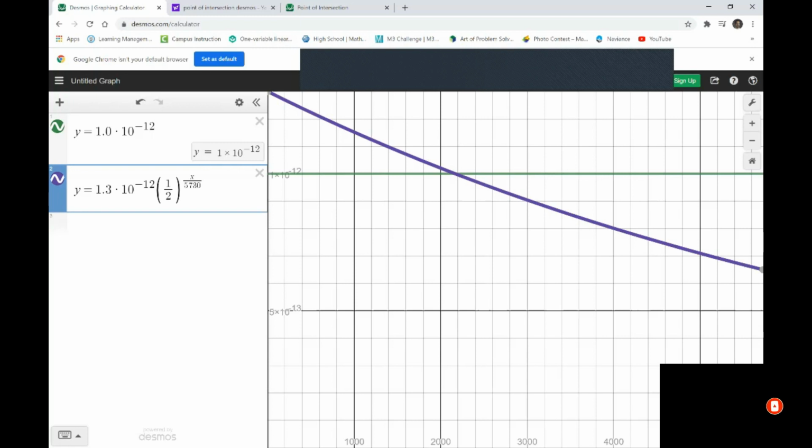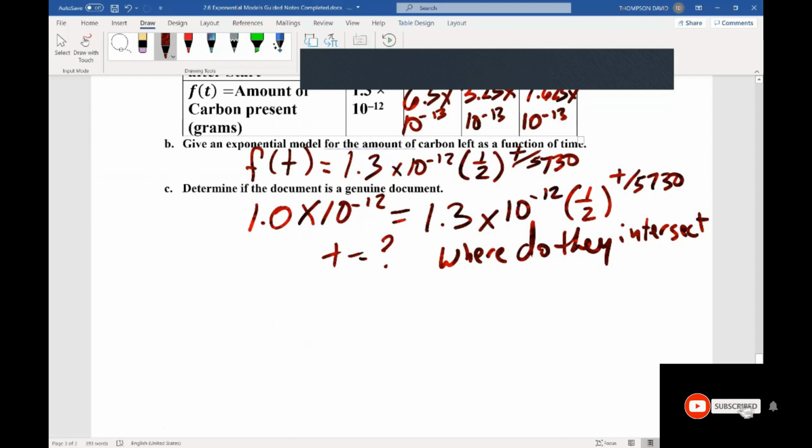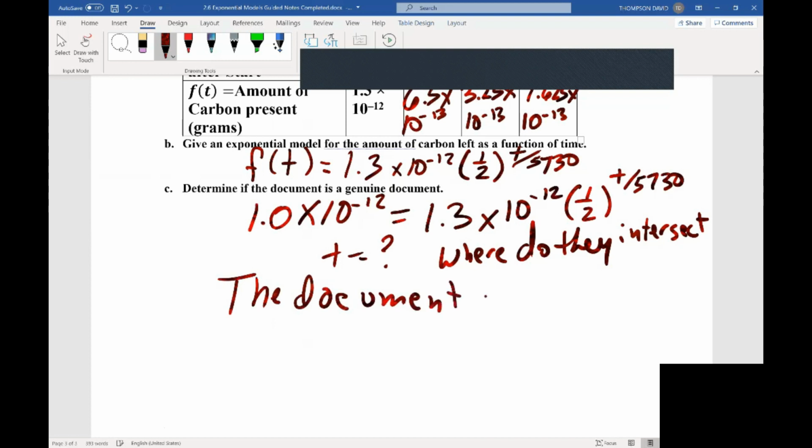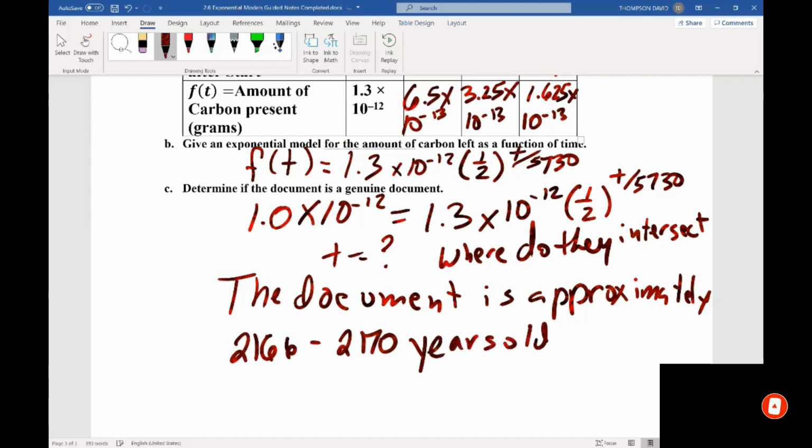So let's answer our question now. We say the document is approximately 2,166 to 2,170 years old.